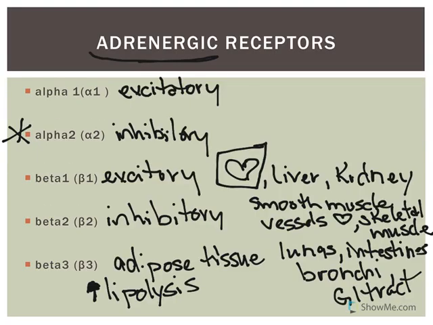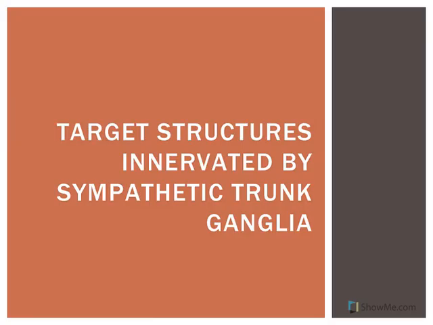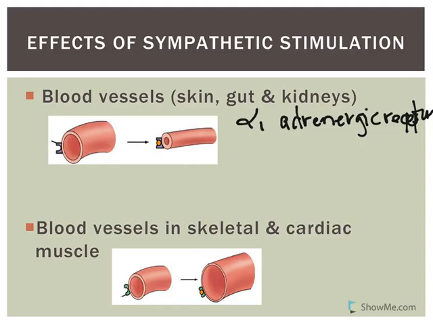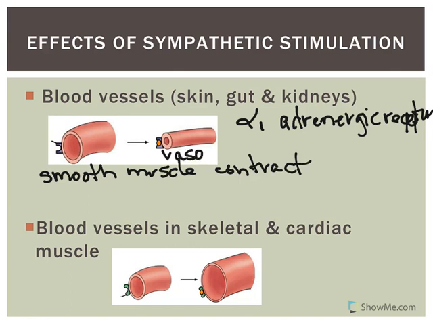So alpha-1, remember, are excitatory. So what does excitatory mean in regards to smooth muscle? It's going to cause smooth muscle to contract. And as a result, the smooth muscle found in blood vessels is going to result in vasoconstriction, which would reduce blood flow.